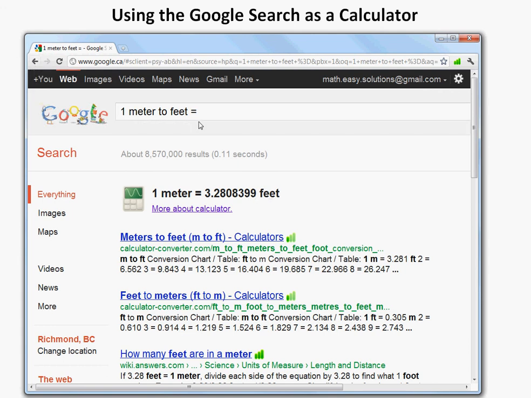Another good thing about using Google search instead of any calculator is that Google has a huge database where they save your searches, unless you choose not to save them. So all these searches are saved. Even 2 years down the road, 3 or 10 years, I can look back and see what calculation I looked at.